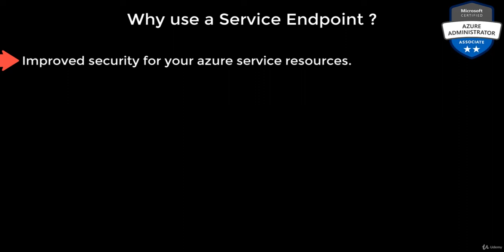Service endpoints provide the ability to secure Azure service resources to your virtual network by extending VNet identity to the service. Once service endpoints are enabled in your virtual network, you can secure Azure service resources to your virtual network by adding a virtual network rule to the resources.